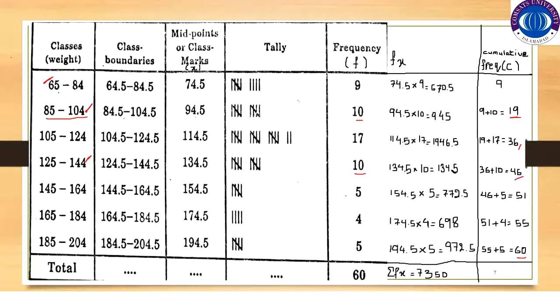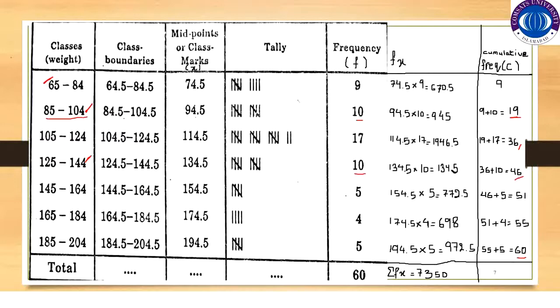The cumulative frequency of the first class is 9, which means there are 9 observations in the first class. Then we move to the second class and the cumulative frequency is 19. It means from 65 to 104 we have 19 observations.